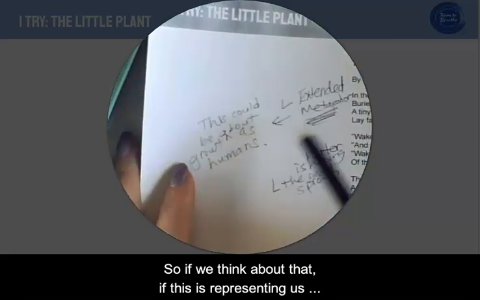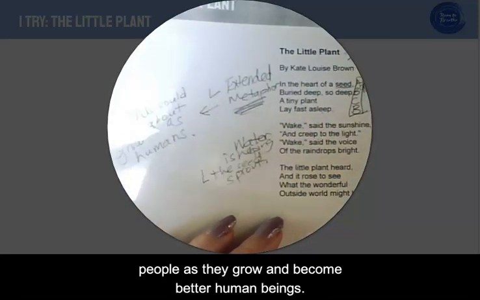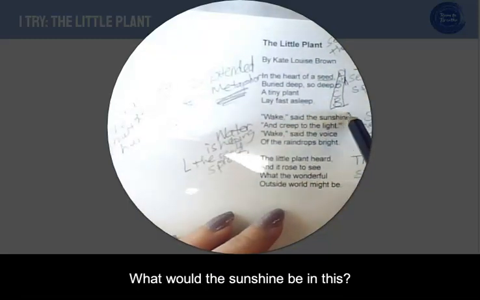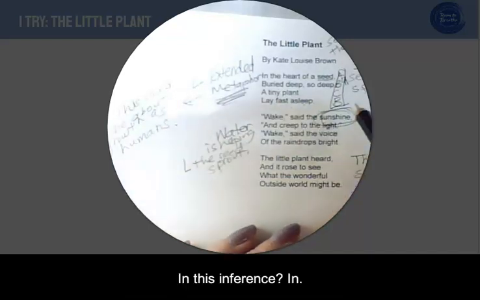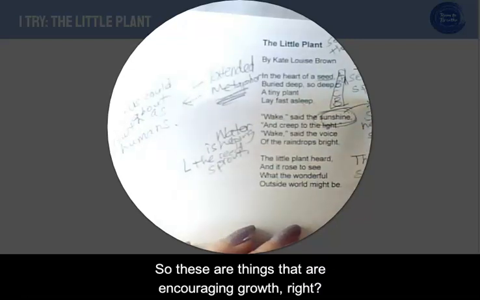So if this is representing us, people, as they grow and become better human beings, let's keep going. What would the sunshine be in this if we're making an inference? What could the sunshine represent? So these are things that are encouraging growth, right?